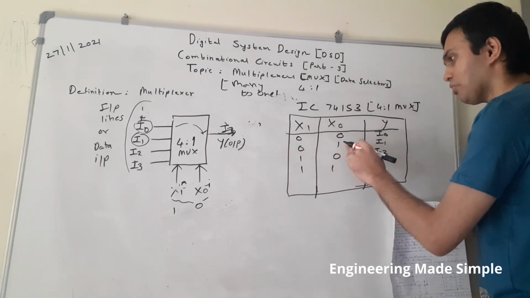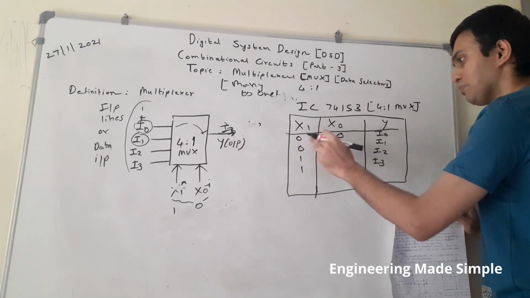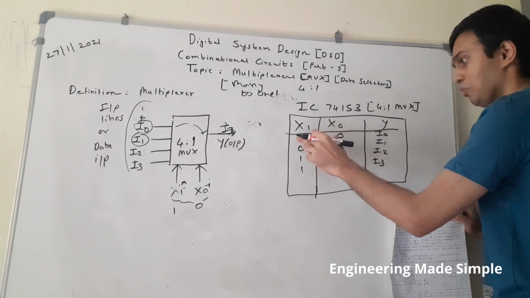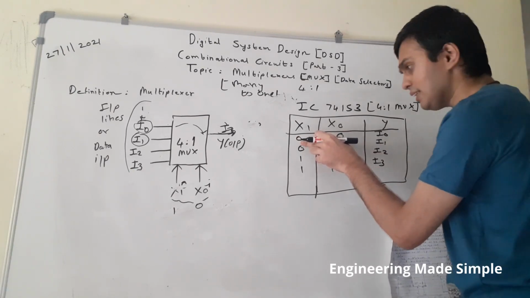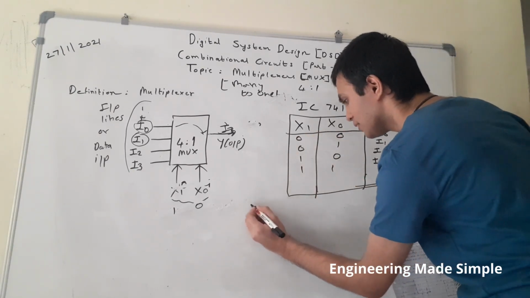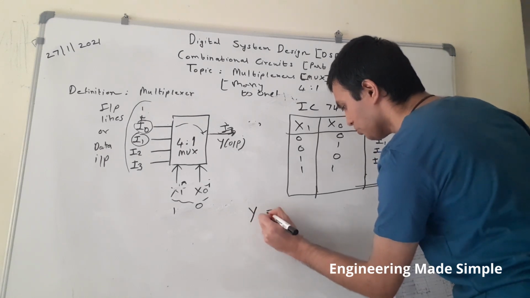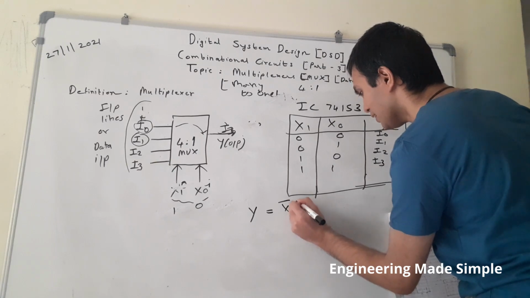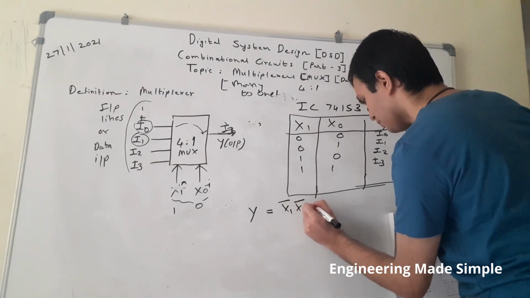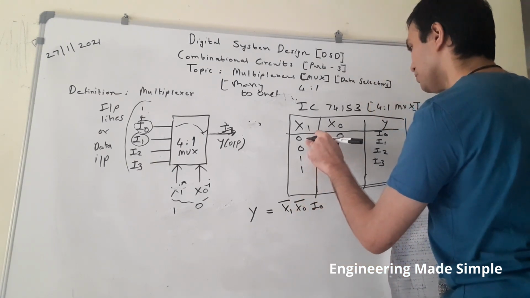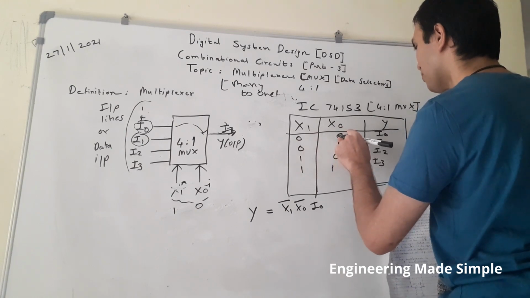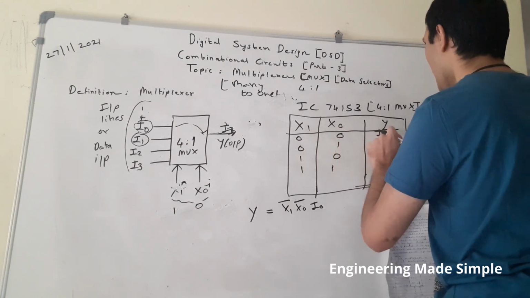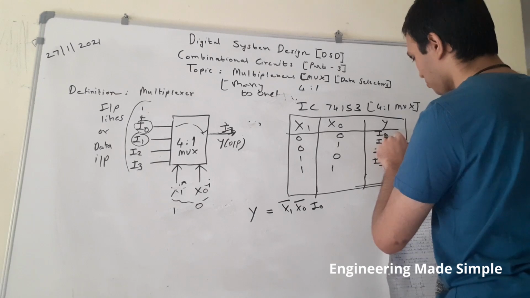So how will you write the Boolean expression for the 4:1 mux? Have a look at the truth table. This is x1, x0. As both the inputs are 0 0, it is x1 bar. So the output equation for the 4:1 mux is x1 bar, x0 bar, I0. See, x1 bar because it is 0, x0 bar because this value is also 0, and I0 will be as it is because that is the output.